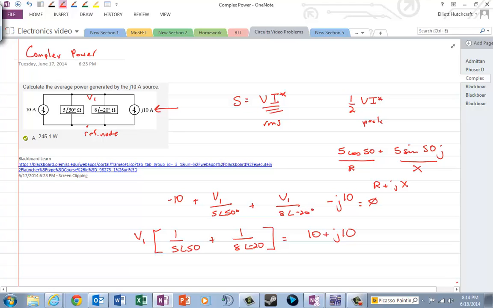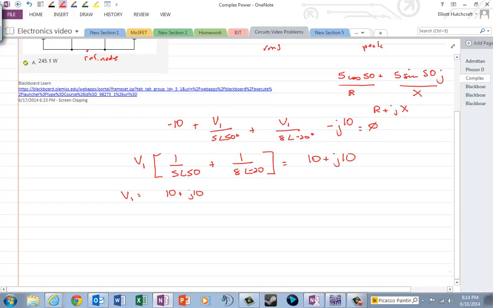So my next step is just to solve for V1. It's equal to 10 plus J10 divided by 1 over 5 angle 50 plus 1 over 8 angle minus 20.